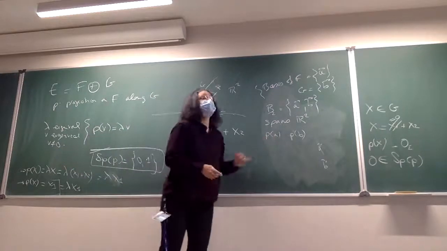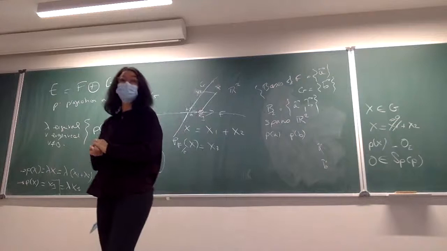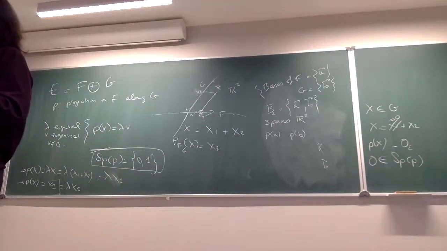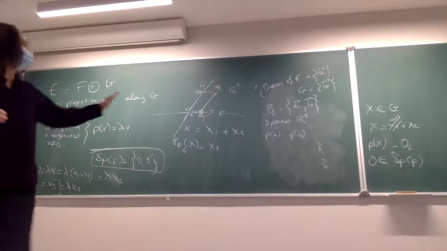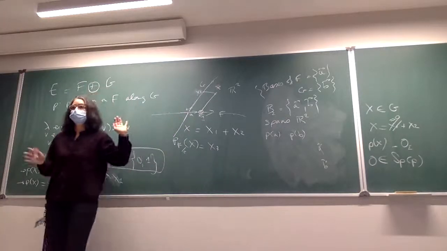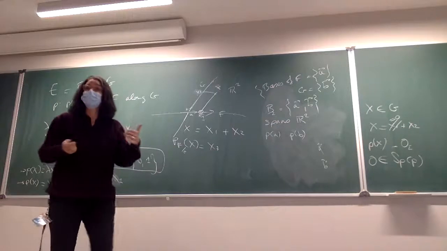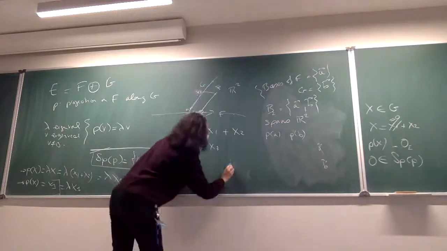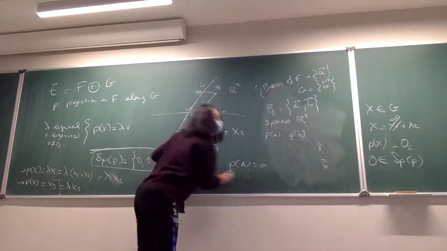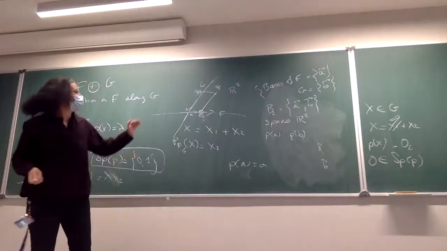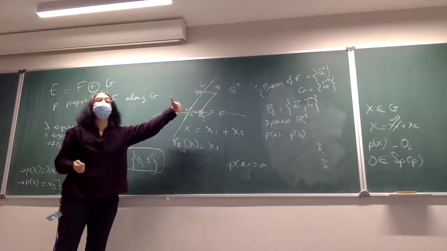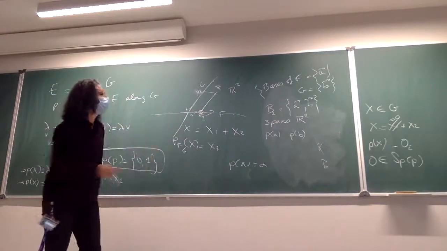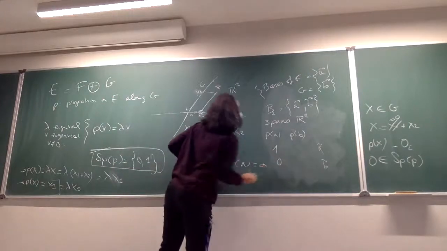What is P of A? A is the direction of F. So P of A is 1 times A. Okay, A is one vector of that space. So it's 1 times A and 0.